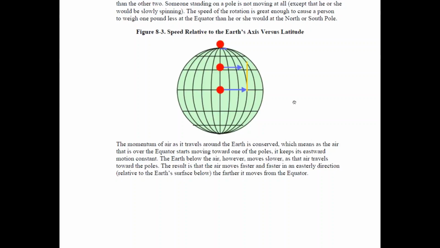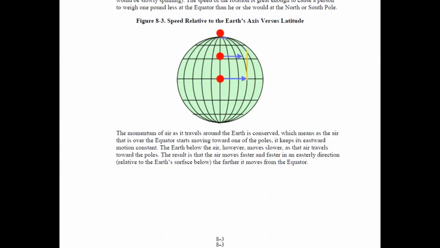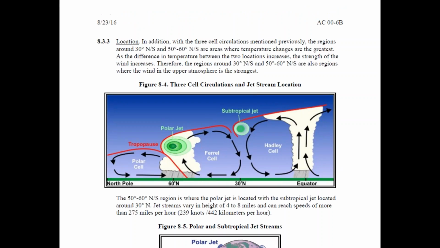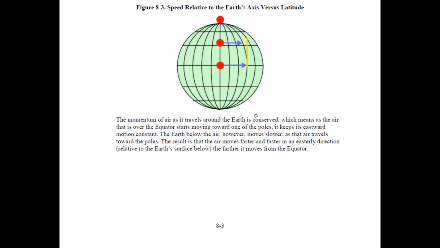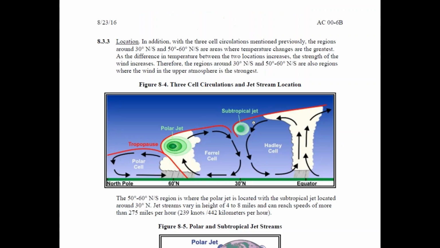The result is that the air moves faster and faster in an easterly direction relative to the Earth's surface below, the farther it moves from the equator. So that's ultimately why wind goes west to east here. It's simply because of the rotation of the Earth, so it's deflecting in that direction.